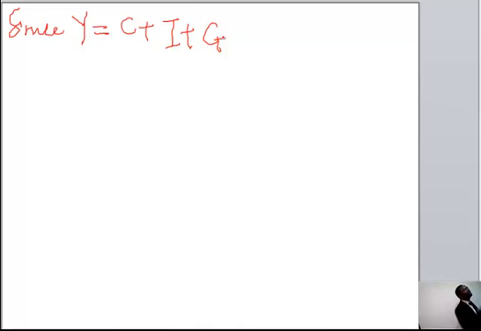Since Y is equal to C plus I plus G, and we are given that C is equal to B0 plus B1Y, and our I at equilibrium is equal to I naught.